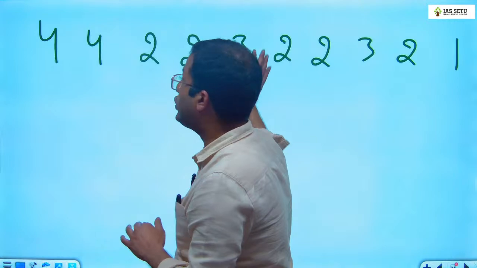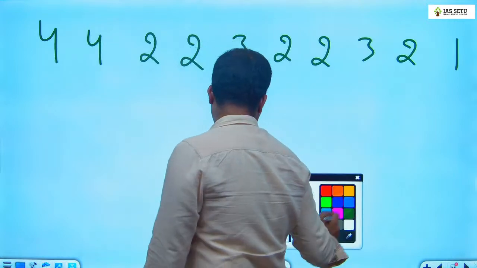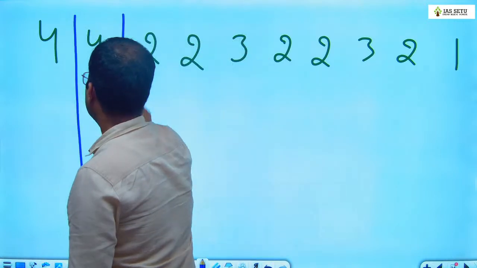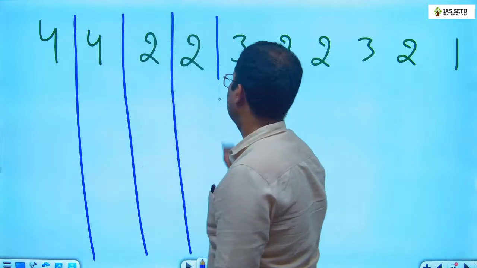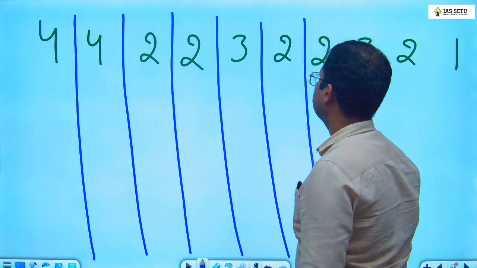See here how to use this mnemonic that I tell you. It tells you the range.